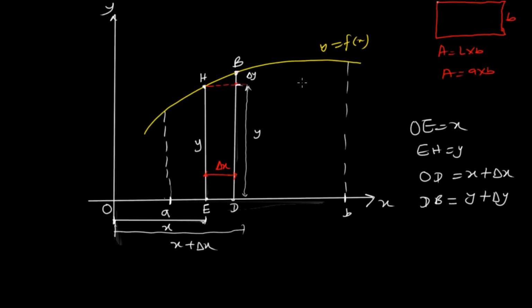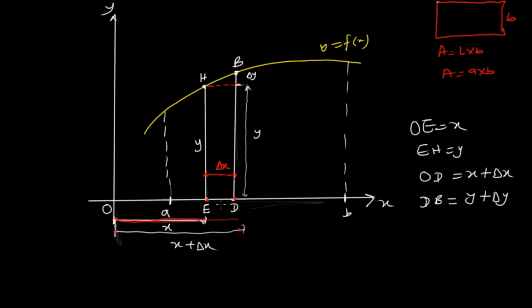So take note of what we have here. We have points E, H, B, D, and we are trying to look for the lengths of OE, OD, EH and DB. Let me recap this again. We have the length from O to E equal to x, and there's a little change between point E and point D, denoted as change in x, dx. So to find the length from point O to point D, we simply add this length and this length.